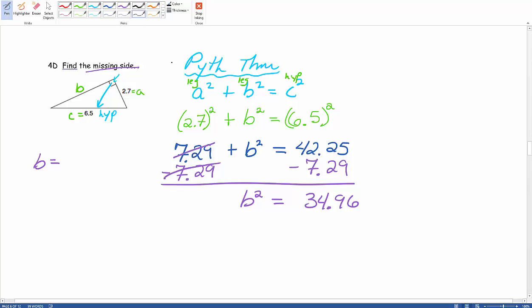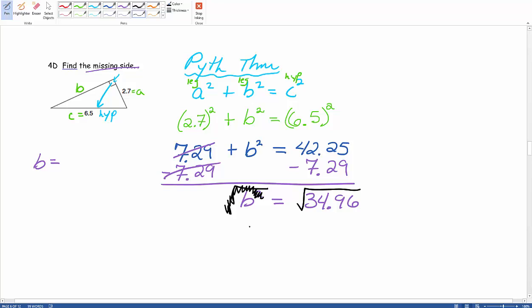Now again, we have b squared, but we don't want b squared. We want just regular b all by himself. And as a result, in order to get rid of this squared, we would have to take the square root on both sides because, as you recall from class, the square root will come together and cancel and kill the squared. They're called those inverse operations.